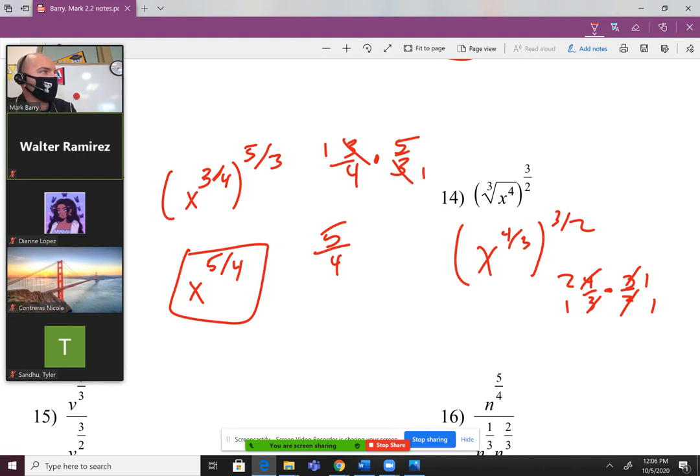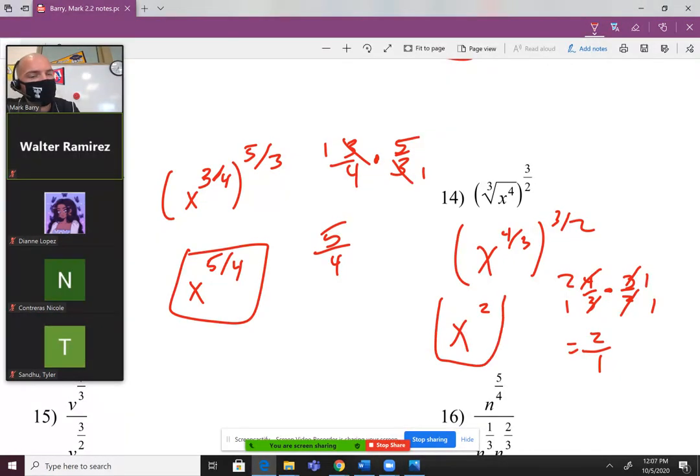The 4 and the 2 cross canceled to a 2 up here and a 1 down there. So now top times top on top, bottom times bottom on bottom. So we should have 2 over 1, which I would just write as x to the power of 2. Awesome.